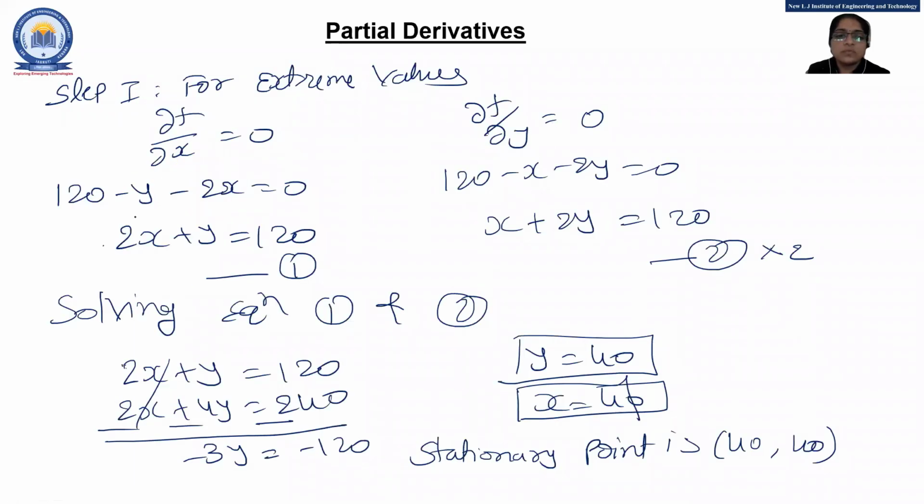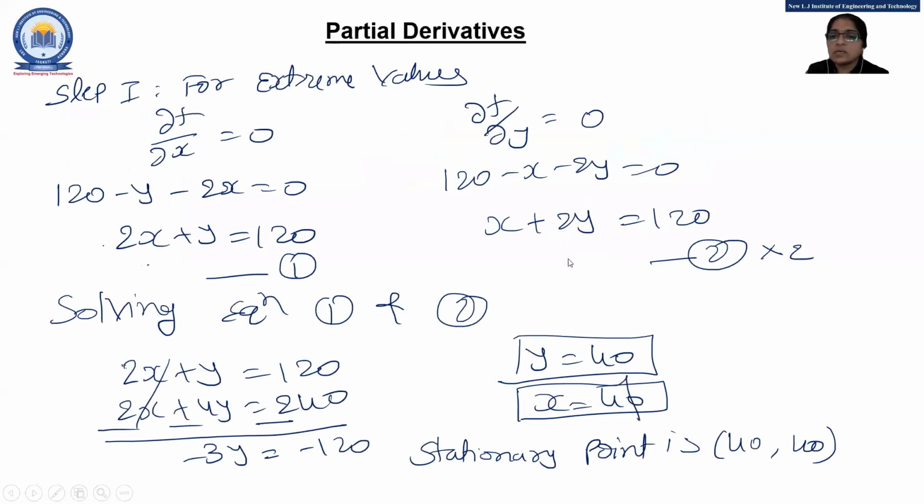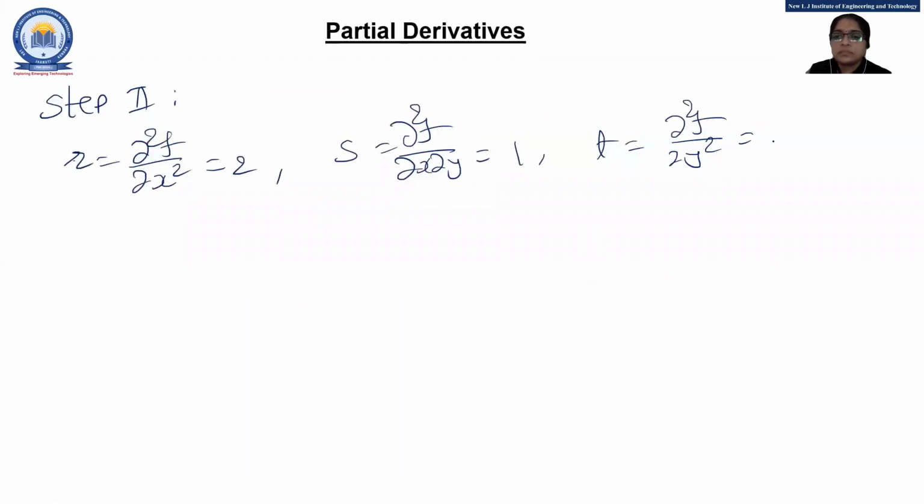The derivative of this equation with respect to y, that is 1. And t, that is del square f by del y square, from equation 2 is again 2. So as we have found the values of r, s and t, now we'll move to step 3.